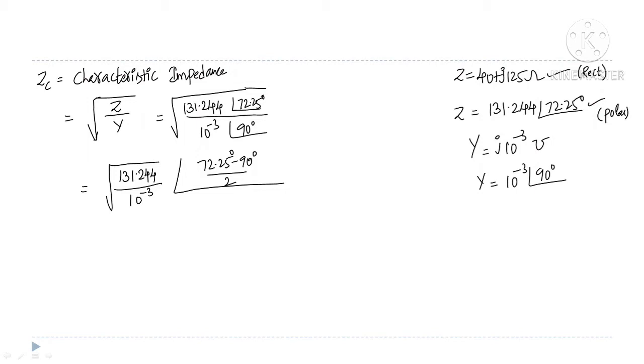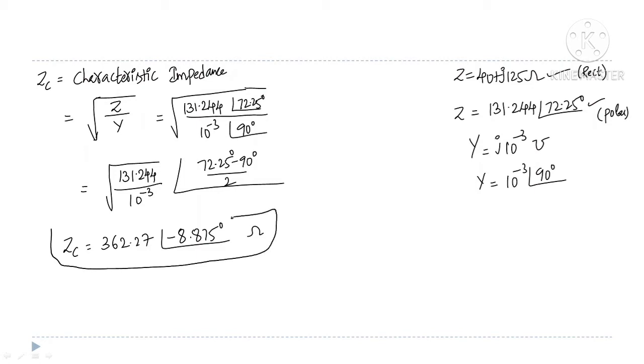Now if you find this value using the calculator, you will get the characteristic impedance ZC as 362.27 at an angle minus 8.875 degrees. This is in ohms, and this is the value of the characteristic impedance.